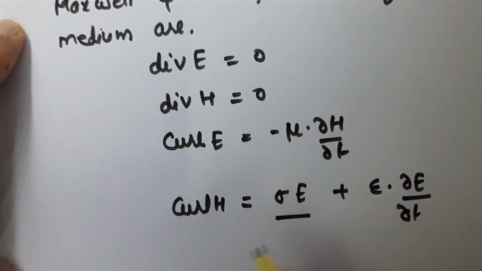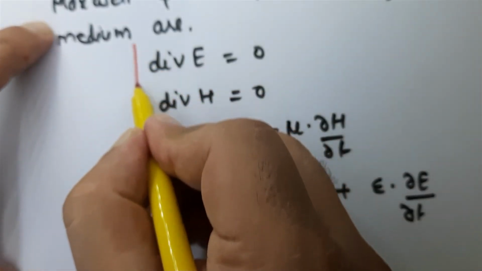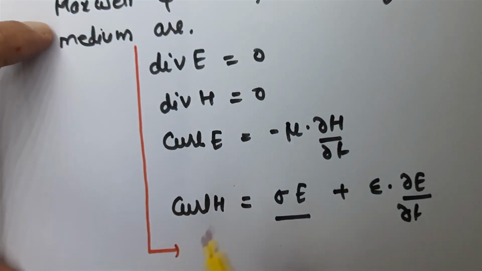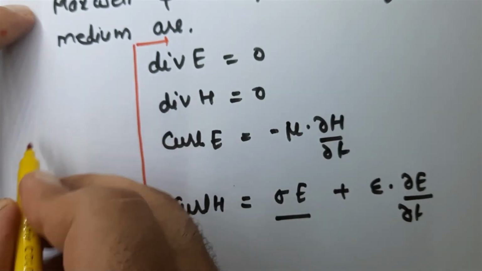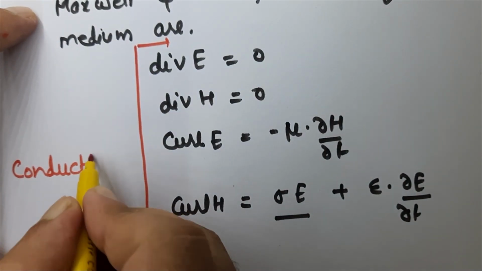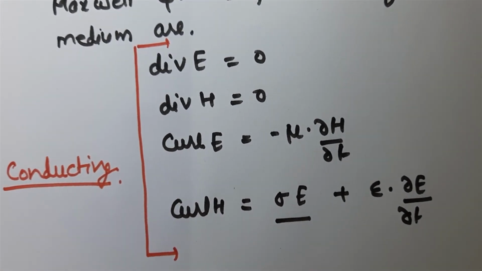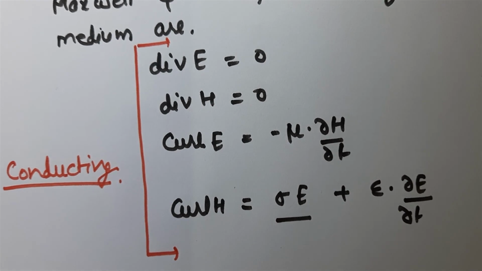This term, which is otherwise 0, in the case of a conducting medium is non-zero. So these are your Maxwell equations for a conductive medium.